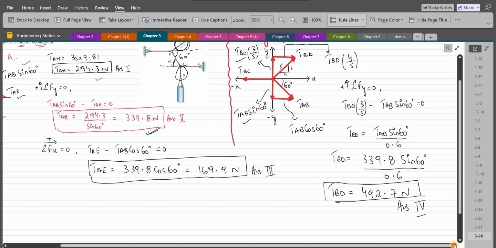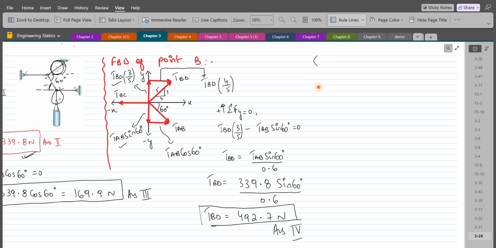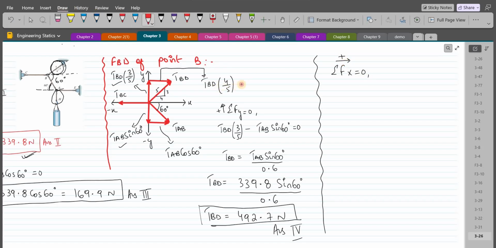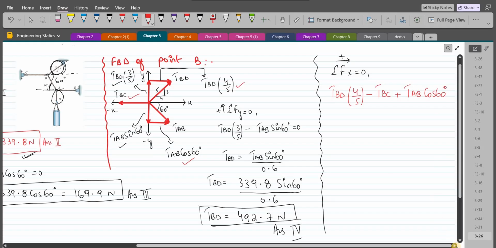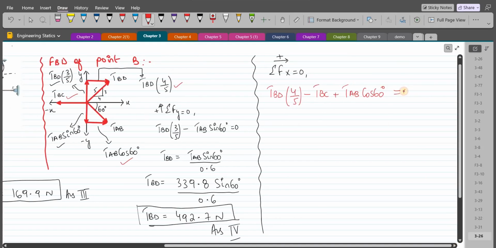Now we have to find the force in one more cord, which is the cord TBC. For that, we are going to do summation of forces in x direction equals to 0. I'm considering right hand side as positive. So we have TBD into 4 upon 5 minus TBC plus TAB cos 60 equals to 0.